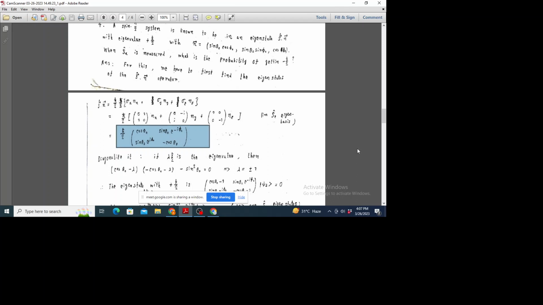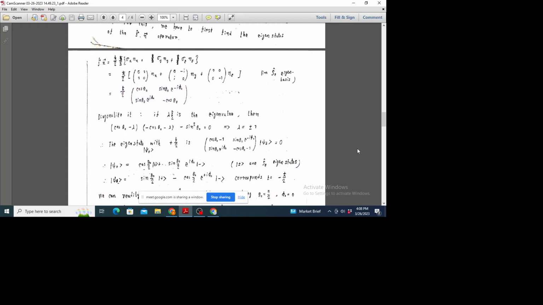Now once we have this matrix representation, all we need to do is diagonalize it to find the eigenvalues and eigenvectors. We already know the eigenvalues from our discussion of the previous questions. They are plus minus h cut by 2, but we need to find the eigenvectors.